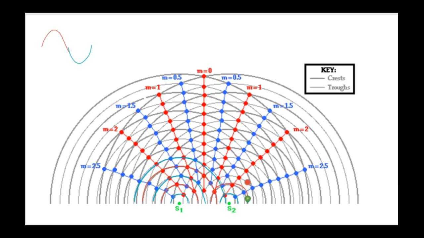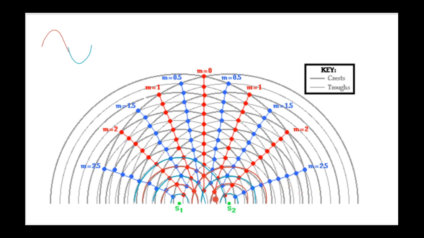Then again you have the trough, and then again you have the crest. So similarly, there is also the repeated pattern of trough, crest, and so on.